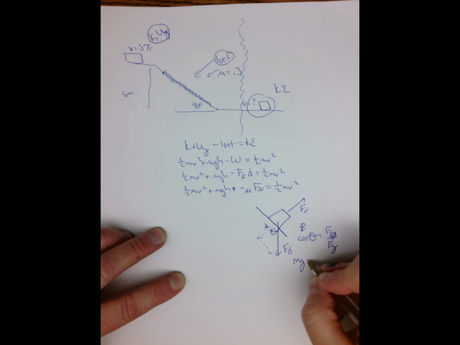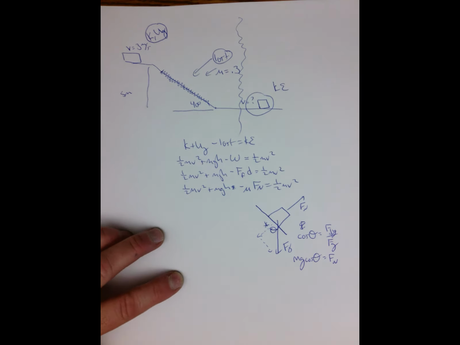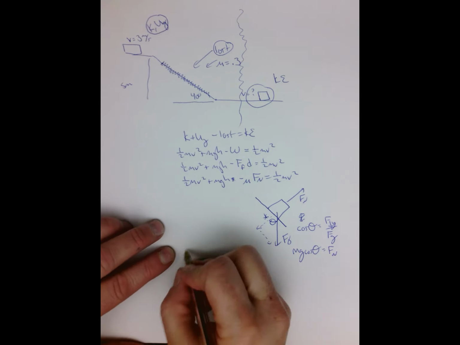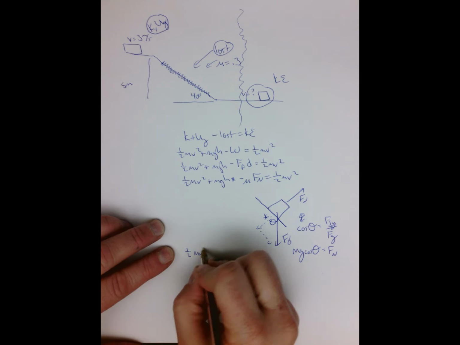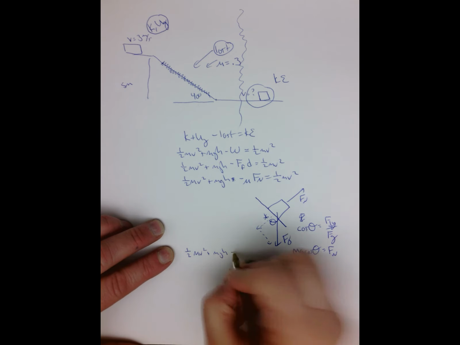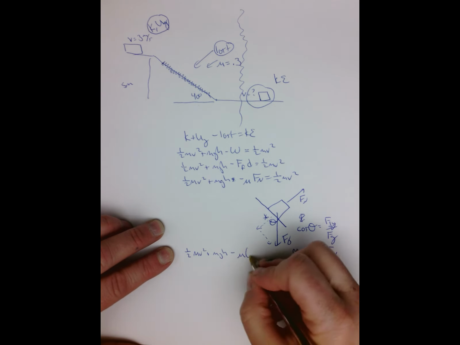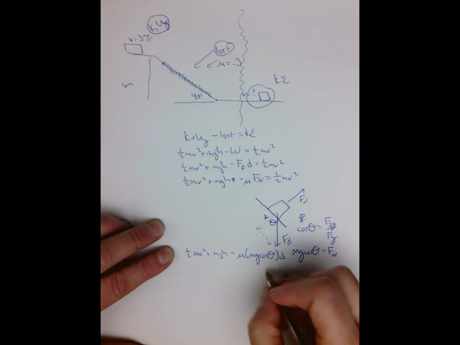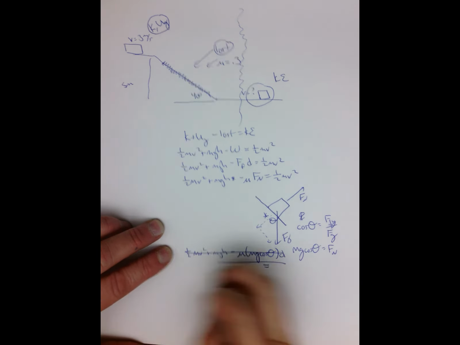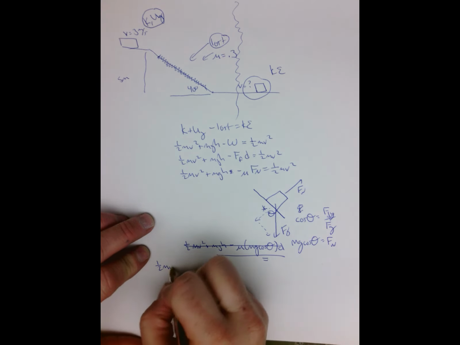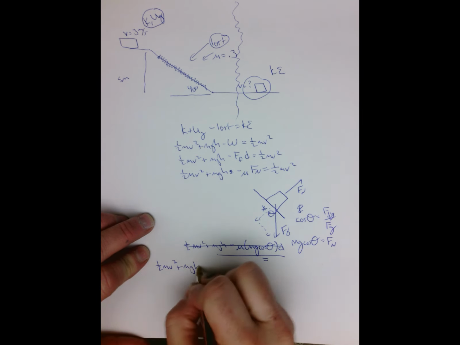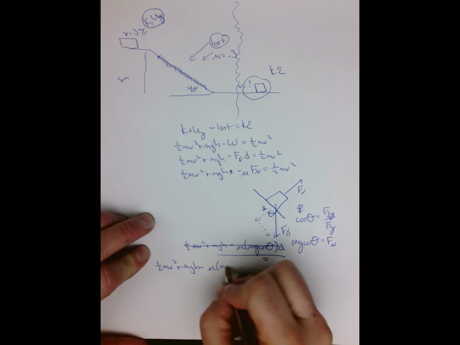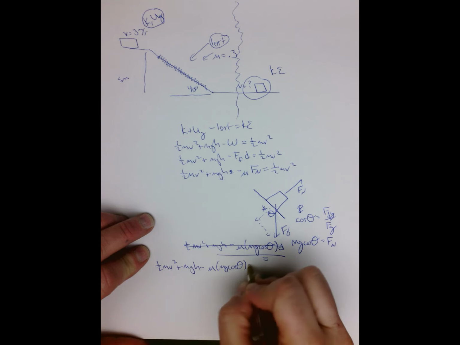So mg cos theta is equal to the normal force. Which means you have this: 1/2 mv squared plus mgh minus mu mg cos theta times d equals 1/2 mv squared plus mgh minus mu mg cos theta times d.